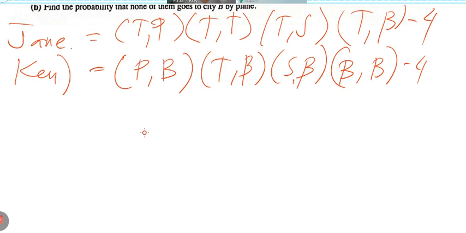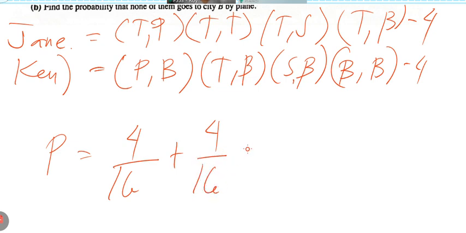The probability is 4 over 16 plus 4 over 16. Now try to remember, we're going to subtract the overlap, train for Jane and bus for Ken, which is counted twice. So that's minus 1 over 16, which equals 7 out of 16.